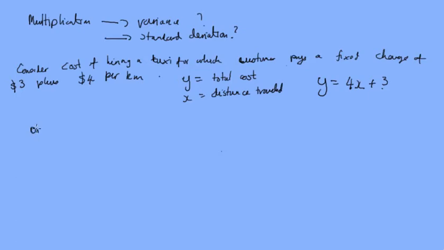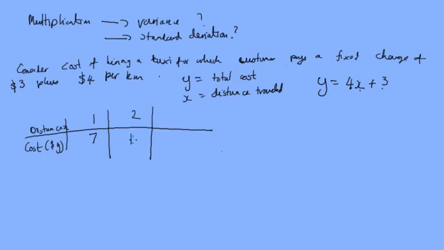If the distance is 1 kilometre, the cost, which is in dollars and is our Y, is going to be $7. If you do two kilometres, that's going to be 8 plus 3, which is 11. If you do 3 kilometres, that's going to be 12 plus 3, which is 15.